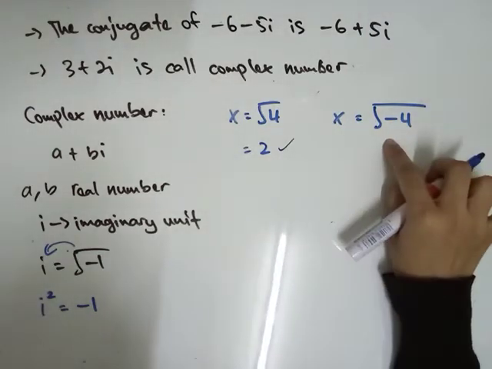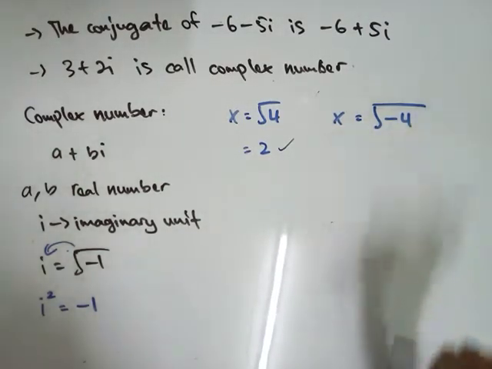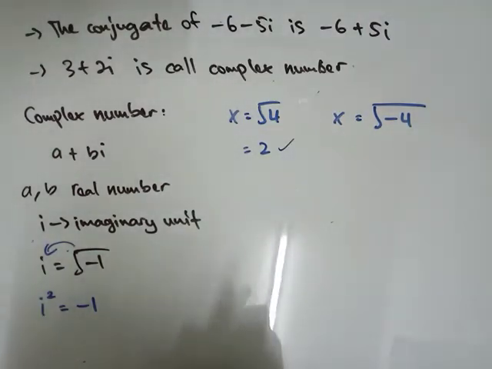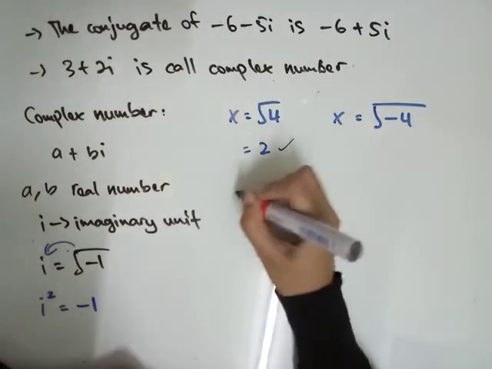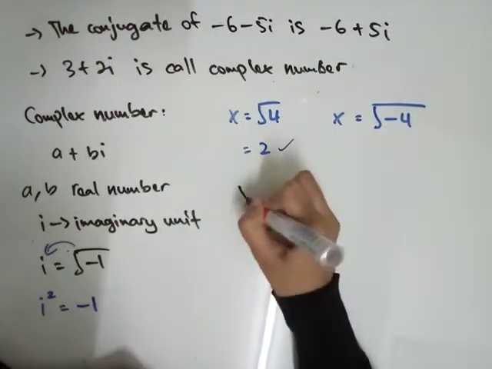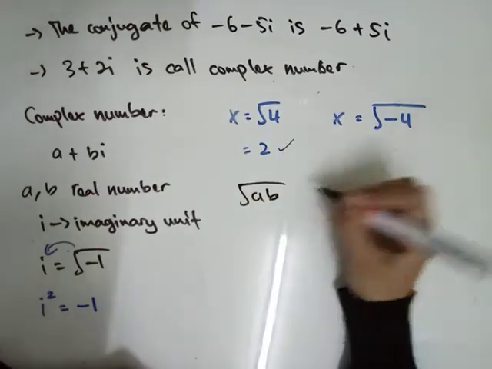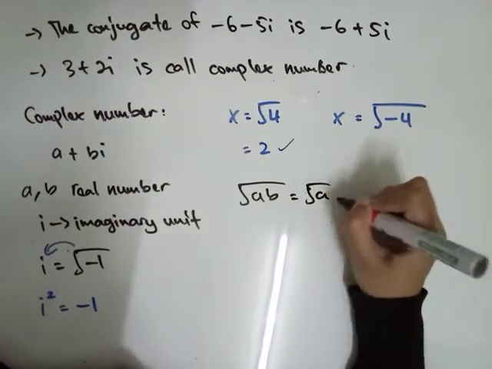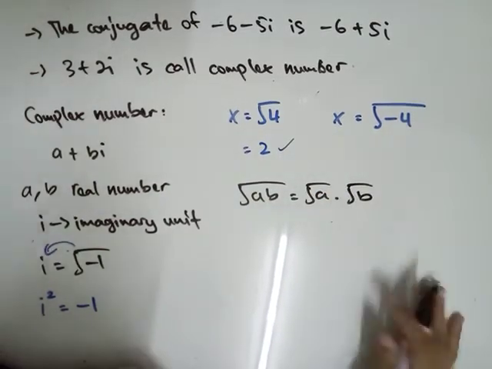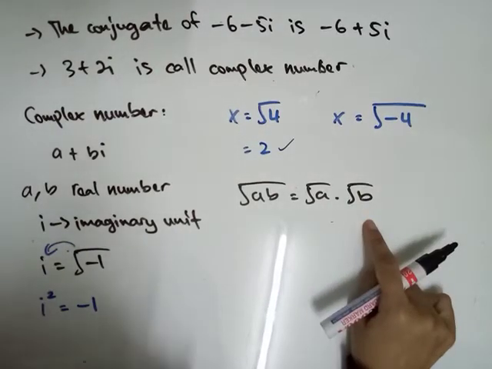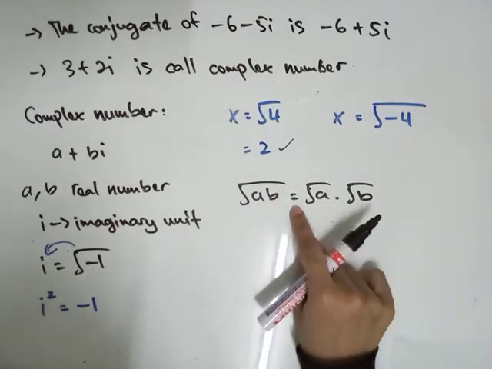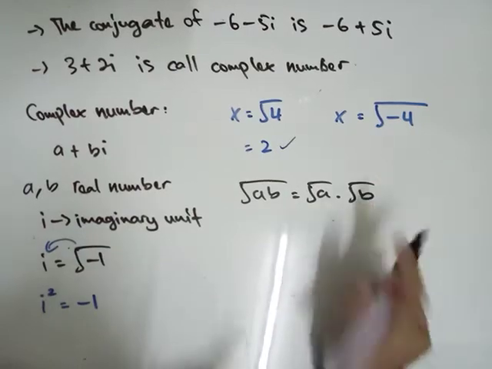Before solving this, saya nak tunjuk the theorem: square root of ab equals square root of a multiplied by square root of b.